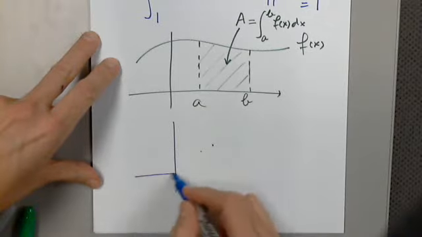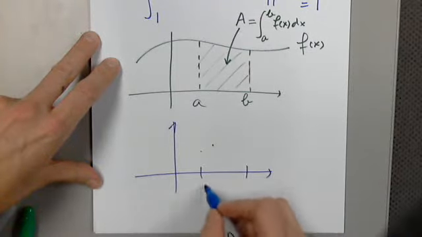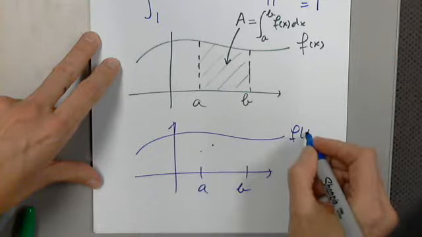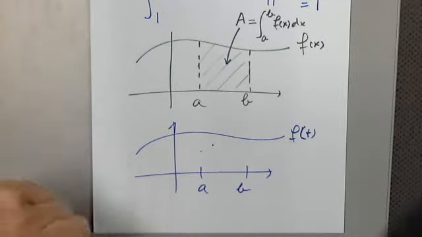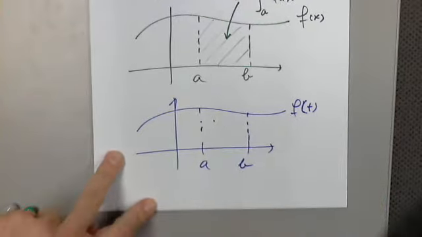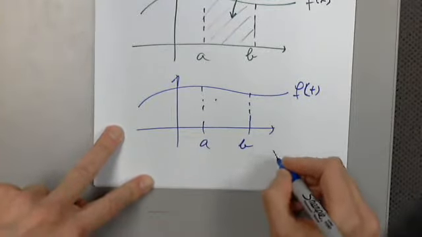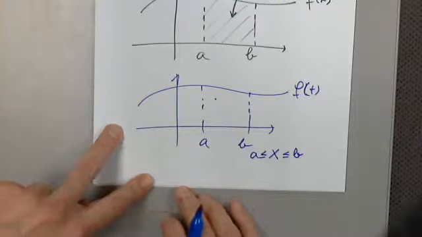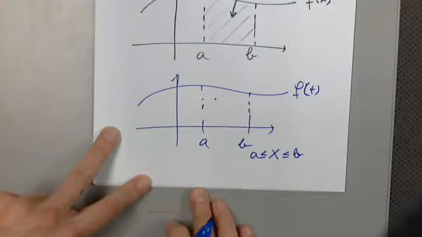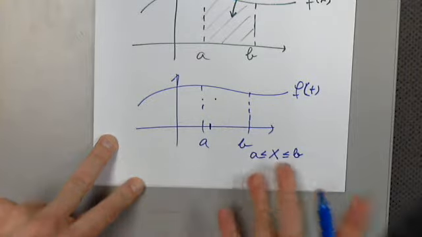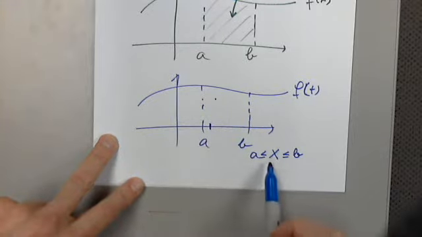Now I'm going to repeat, but this time I'm going to use a to b, but I'm going to change the variable. I'm going to say that this is f of t now. Same function. I'm using t. And I'm going to say that there is an x between a and b. And let's say x starts anywhere from a to b.